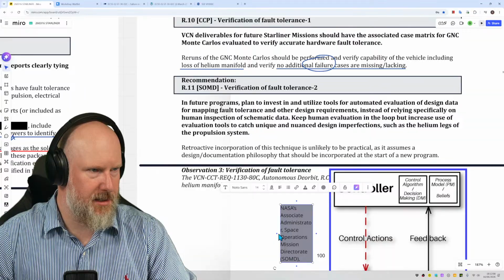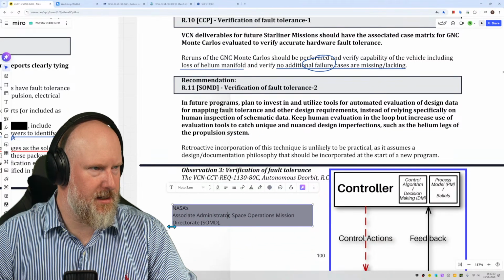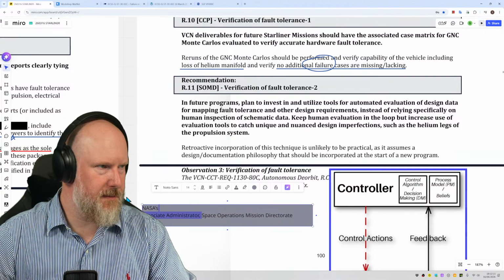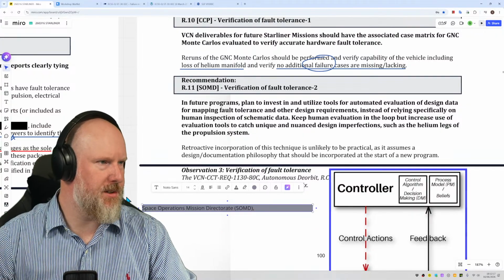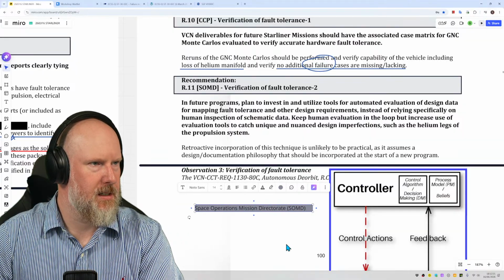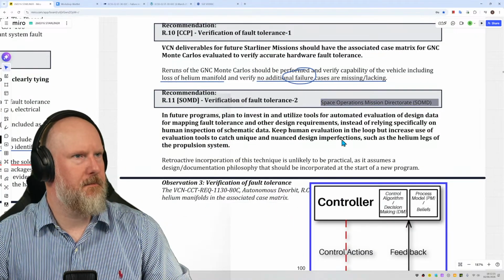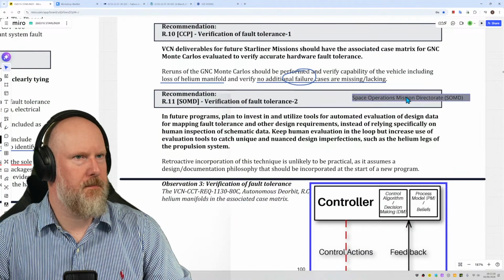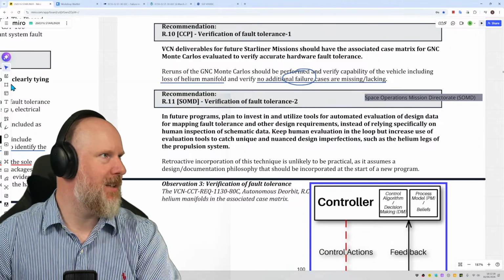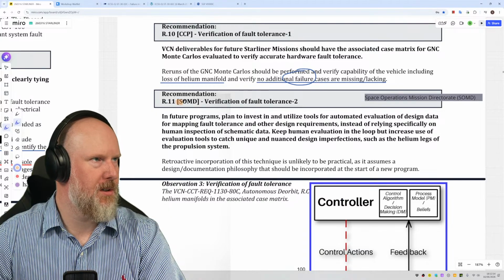NASA's associate administrator. All right, so it's Space Operations Mission Directorate, whoever they are. Where is that? There it is. Put it there. So they are an entity that may be candidates for inclusion in the control structure model.